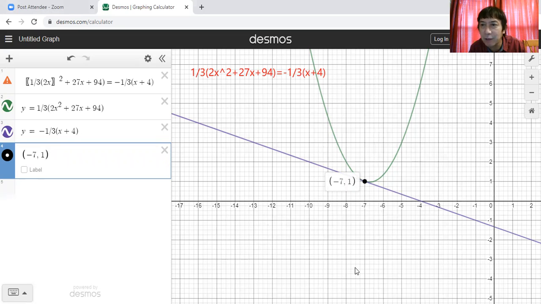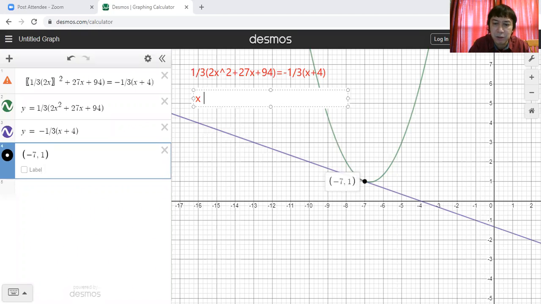Now we're after the value of x only, so our x is -7. And that's the answer. We can post here on the screen. X is equal to -7. Okay, that's the answer. So this is the answer.